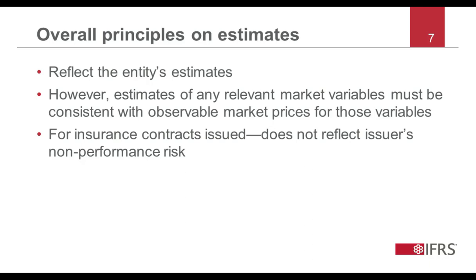In that case, estimates of those market variables must be consistent with any observable market prices. Please note here that the insurer's own credit risk is not included in the measurement of the insurance liability. That is because the insurance liability is not measured at fair value.